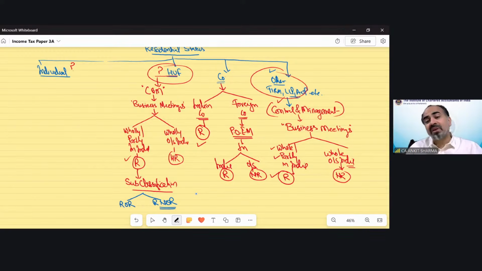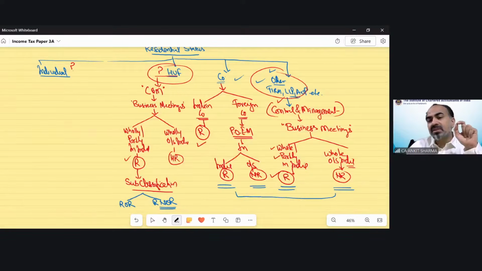You have to further subclassify it. But that is not the case for other categories and companies. In companies and other categories, the answer ends here: resident, non-resident. There is no further subclassification.